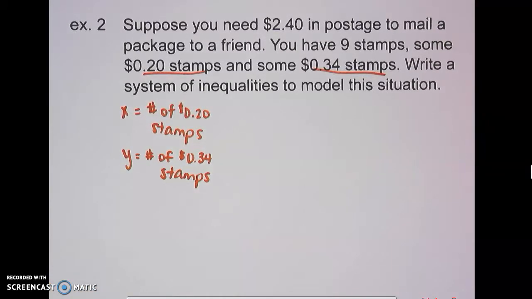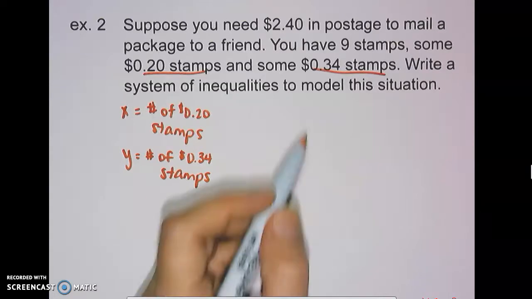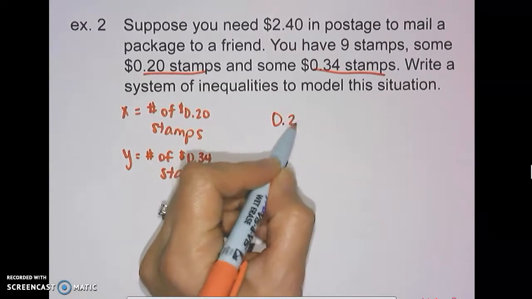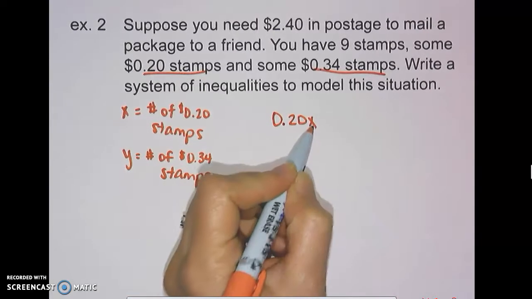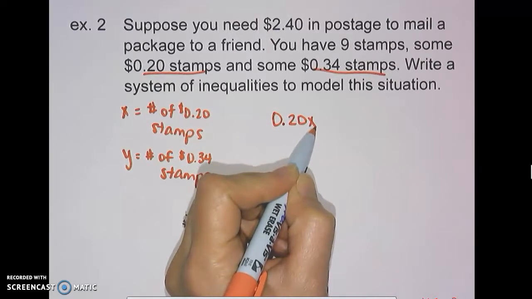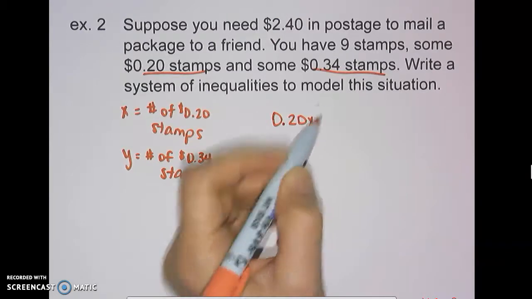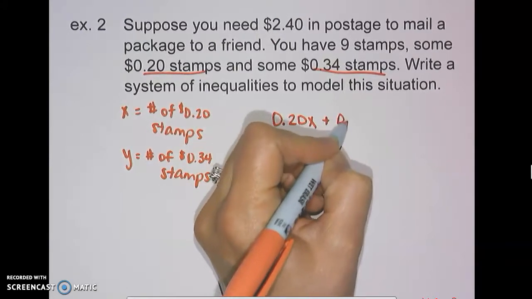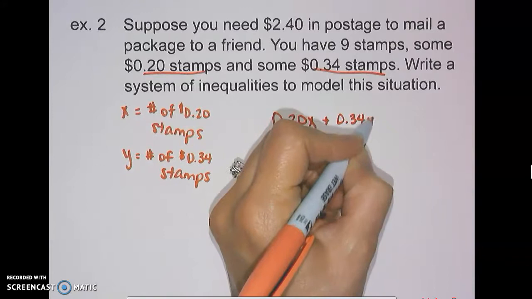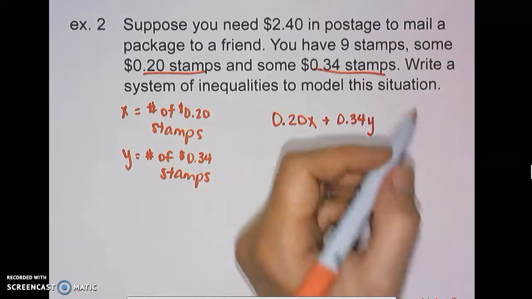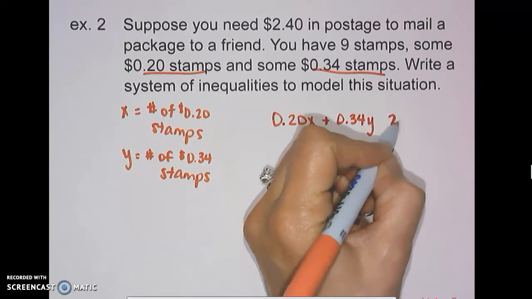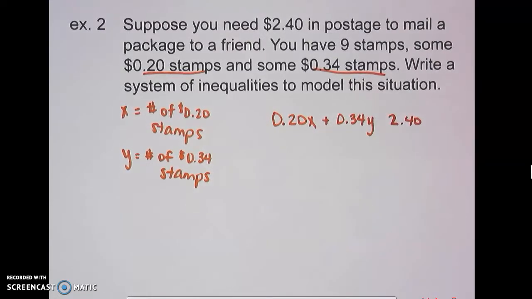All right, so you need $2.40 in postage. Some of them are going to be 20 cents. So we're going to take 20 cents times the number of 20-cent stamps that we have. And we're going to add to that the 34 cents times the number of 34-cent stamps that we have. And we have 240. That's our total.